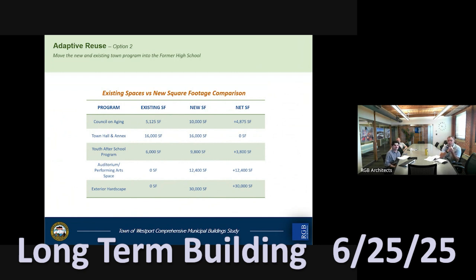Okay, so this was just a breakdown on the square footage between the existing square footage, what new square footage could be added or captured, and then the net difference between the different programs within the high school.